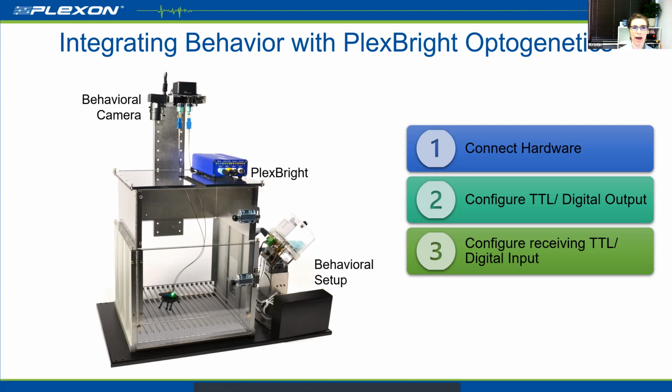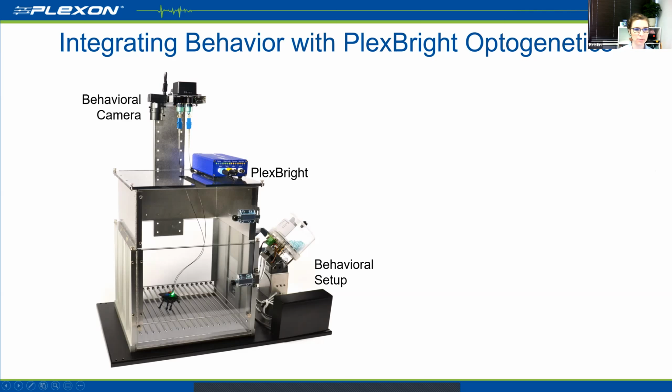So once you have chosen your hardware setup, the next thing to do is integrate it with your existing behavioral setup. So in this example, I have an operant chamber and a behavioral camera, which is part of the Cineplex system, which is Plexon's dedicated behavioral tracking system.